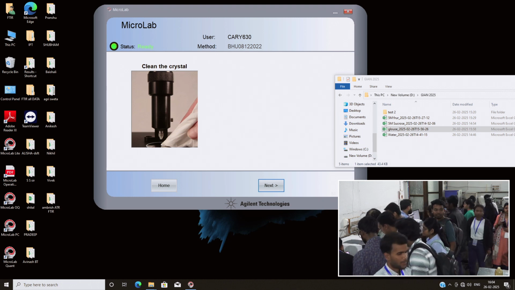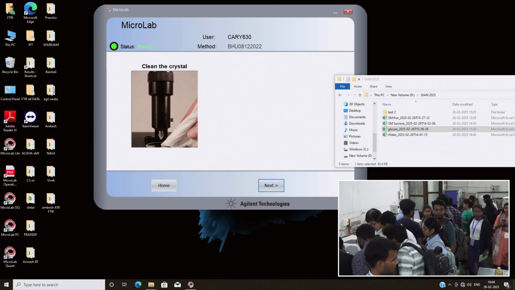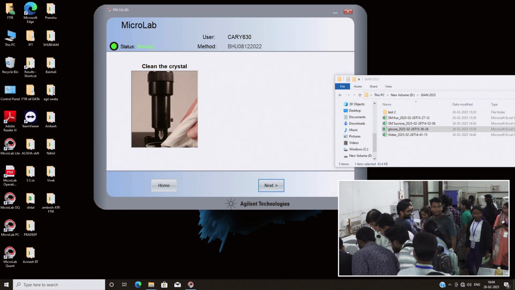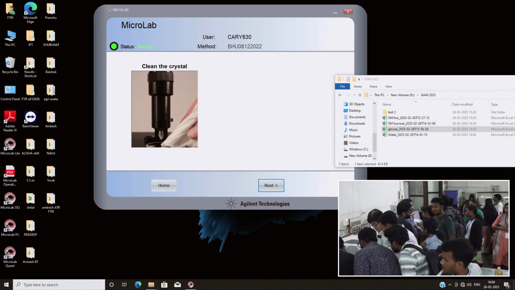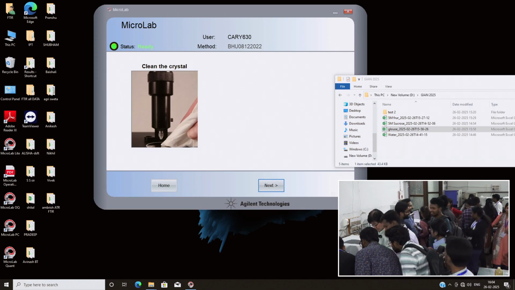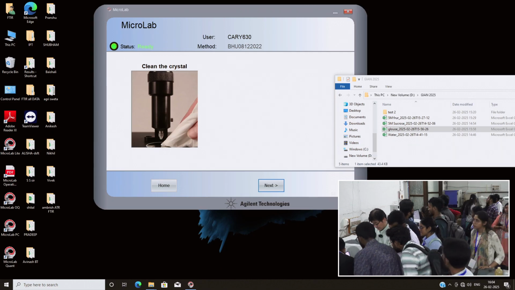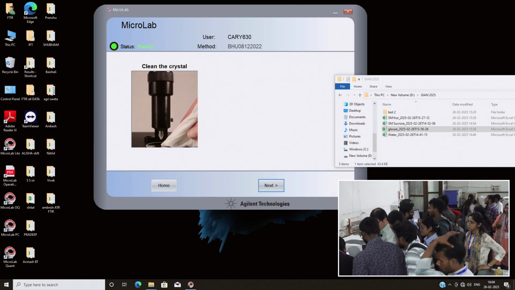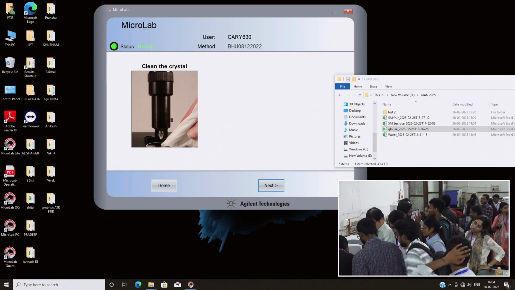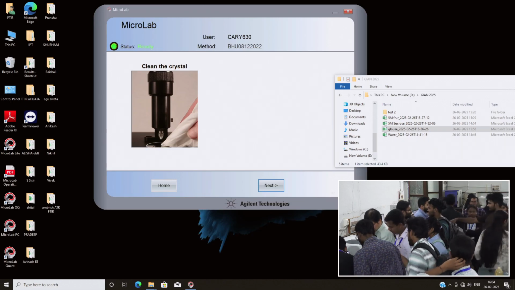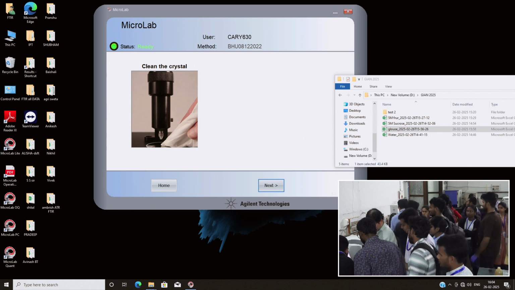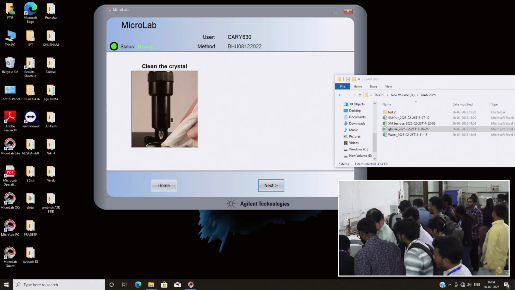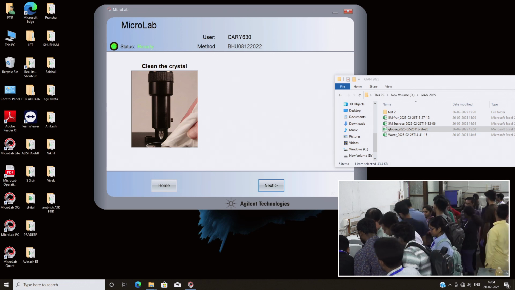In the case of fructose, the pink spectrum, there is only one peak here. And sucrose has two peaks. And green is glucose. So for the three sugars, the intensity pattern is quite different.